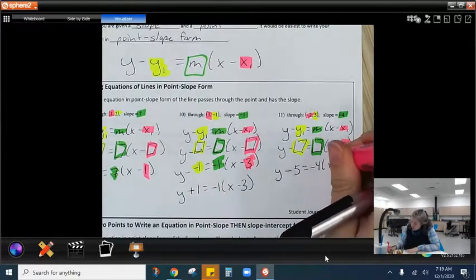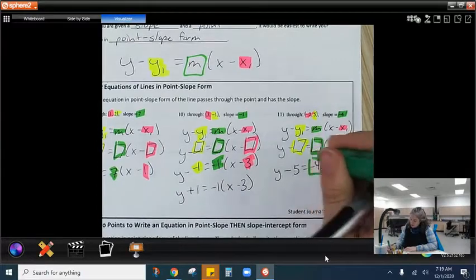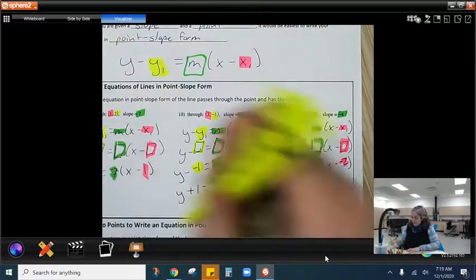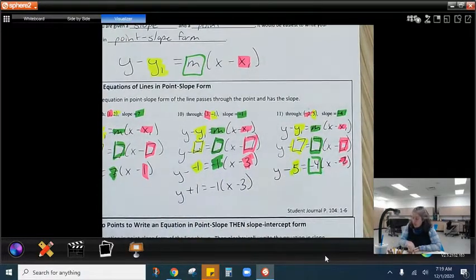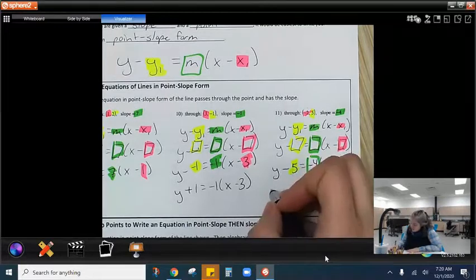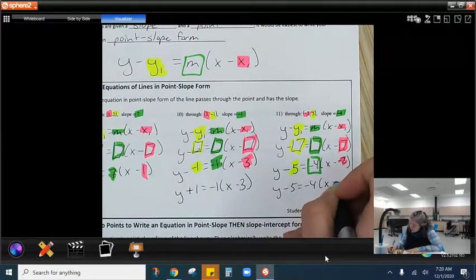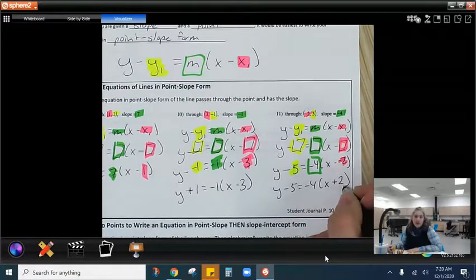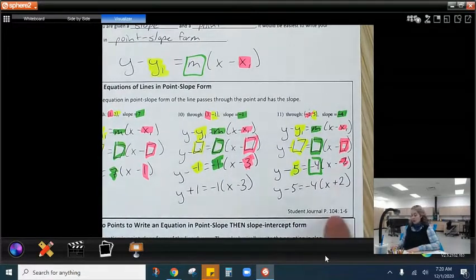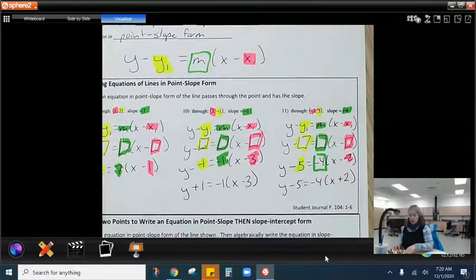I'm going to highlight them appropriately so it helps our brains. So now I can rewrite this so that it's easier because, again, we're minusing a negative. So we've got y minus 5 is equal to negative 4, x plus 2. When we minus a negative, we add. There are some more practice problems to try out. We'll do those hopefully during class, during our meet.